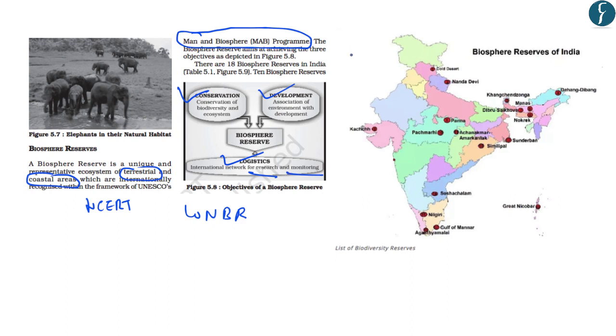Further, there are 18 biosphere reserves in India, out of which 11 have been added into the UNESCO's list under the World Network of Biosphere Reserves or the Man and Biosphere program.